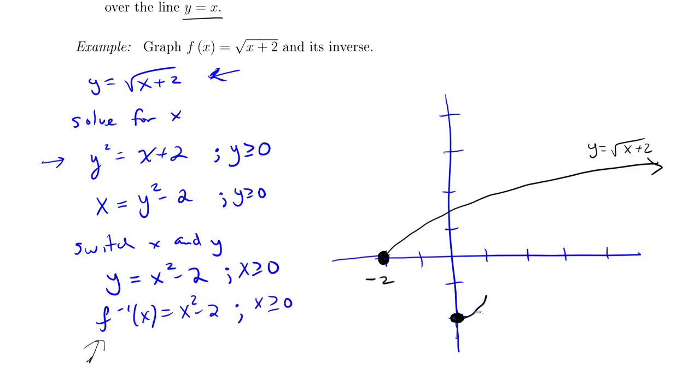Whoops, I bent a little too far there. Let me fix that. Like this. This would be y equals x squared minus 2, and only the part when x is greater than or equal to 0, so we don't get the other wing of that.